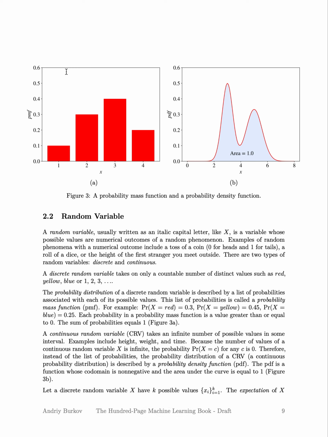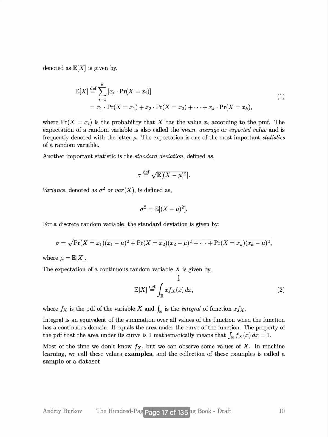The expectation: if we let a discrete random variable x have k possible values, the expectation of x is given by this formula. It is simply that you add up x into the probability of x. So you say x1 into probability of x1 plus x2 into probability of x2, and so on.